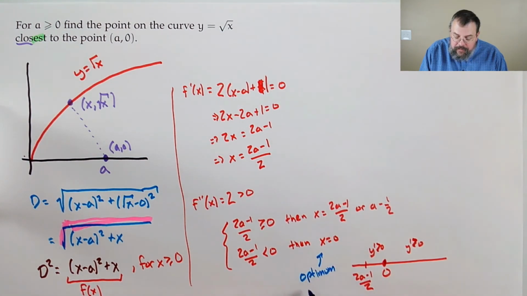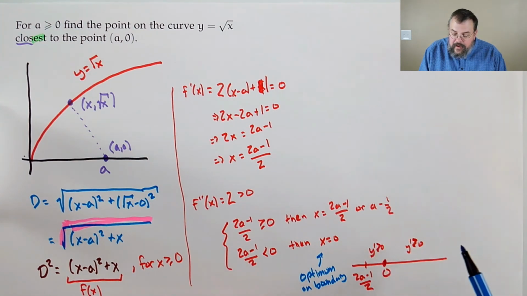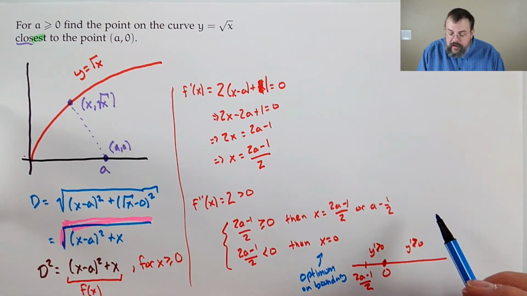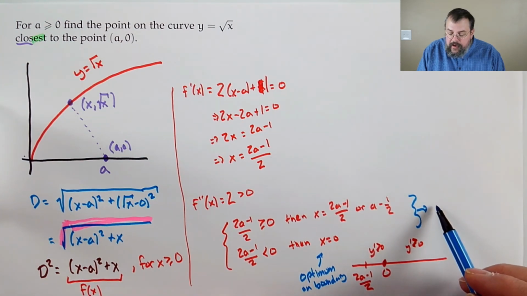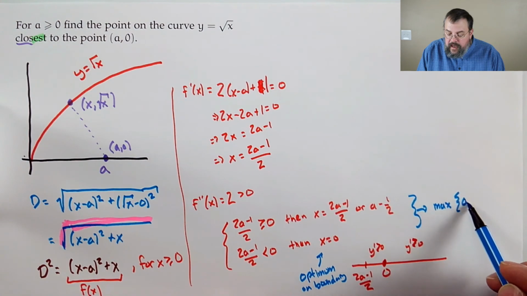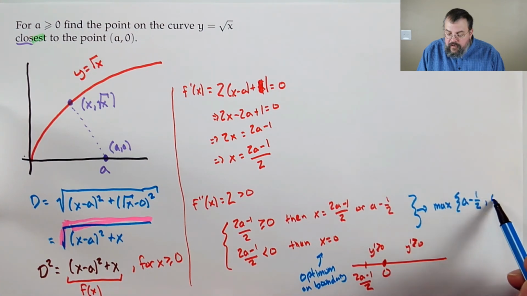That can happen. All right. So there we go. So yeah, good. So we can actually combine these two answers together and say, well, what is the answer? In general, we can say that you take whichever one is larger, the max of a minus a half or 0.